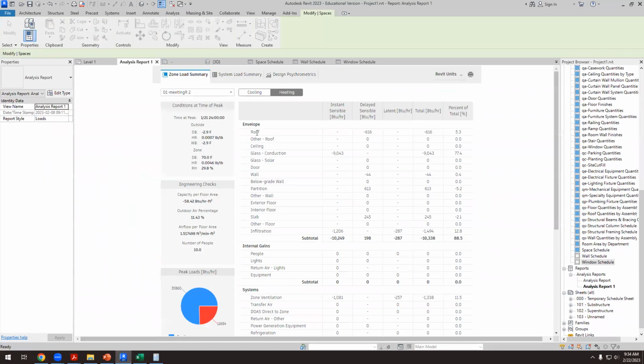In Revit, if we go to the heating report, glass solar is always 0 because it takes into account the worst possible conditions. So what is the worst possible condition in winter? A very cold temperature on a cloudy day or during the evening. That's why in heating, the glass solar is always 0, in the worst possible moment.